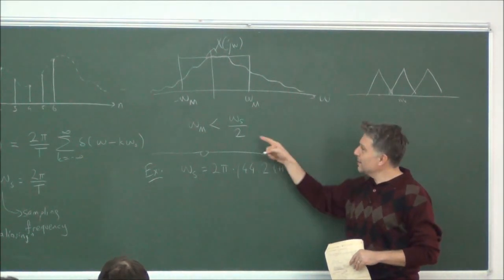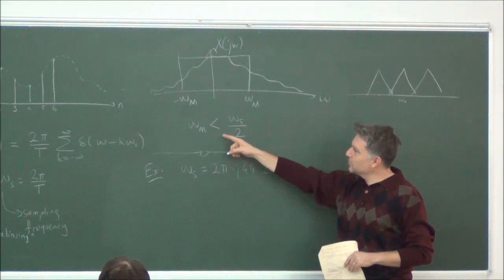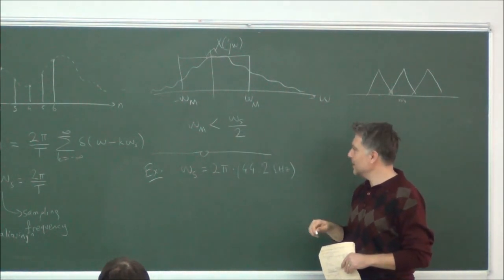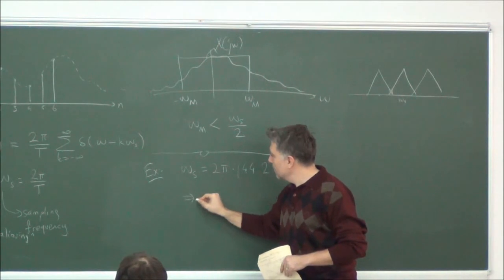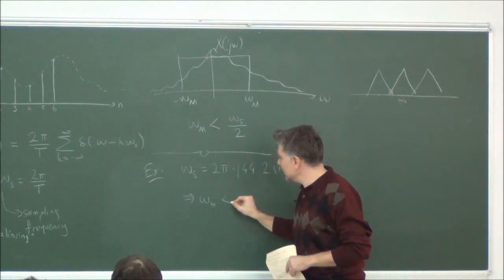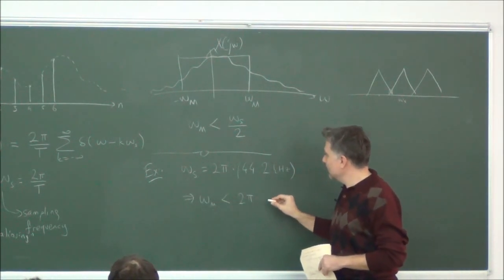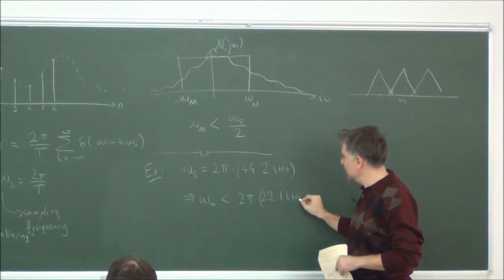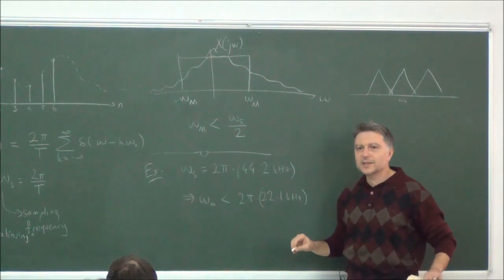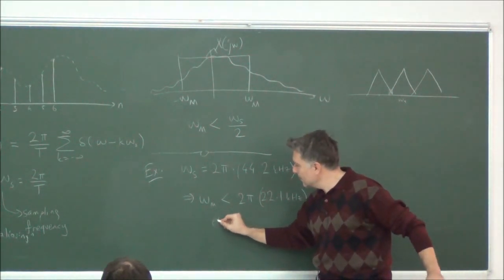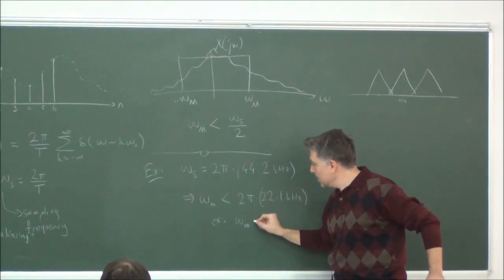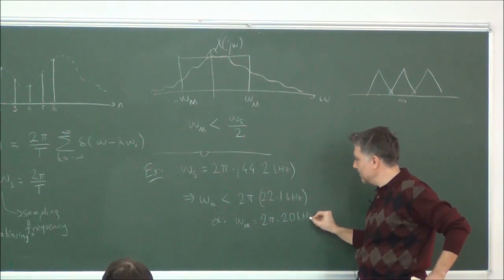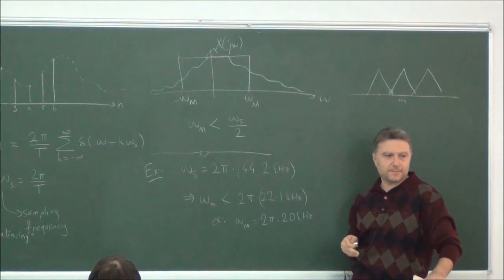So what's a good anti-aliasing filter bandwidth that you can select? That must be less than 2 pi times 22.1 kilohertz. Usually it is selected as 2 pi times 20 kilohertz, for example. That's enough.